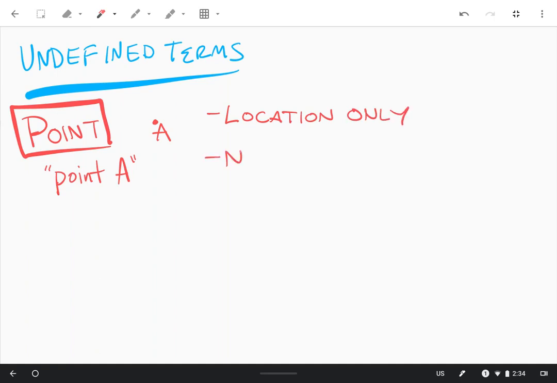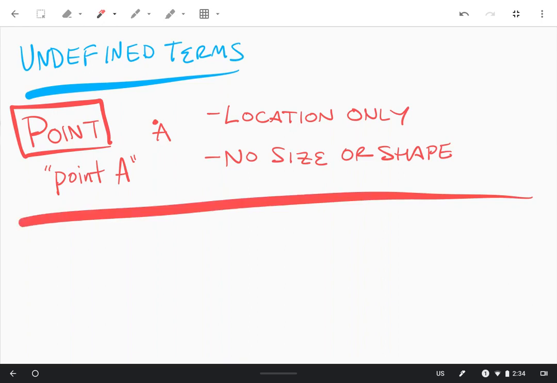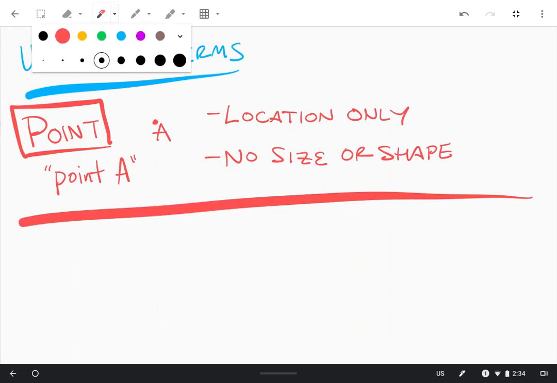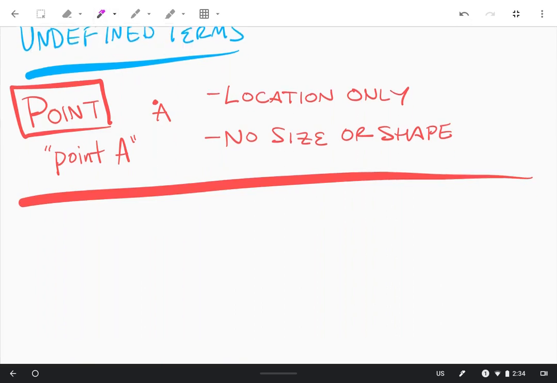They do not have a size or a shape. So that is your first undefined term, points.